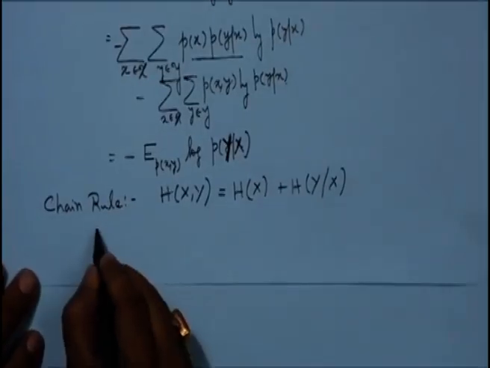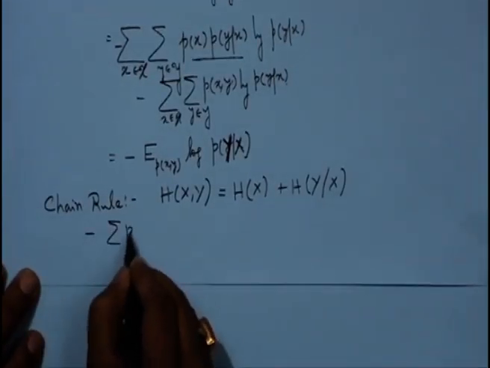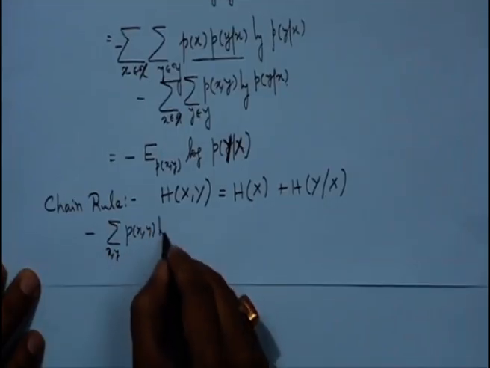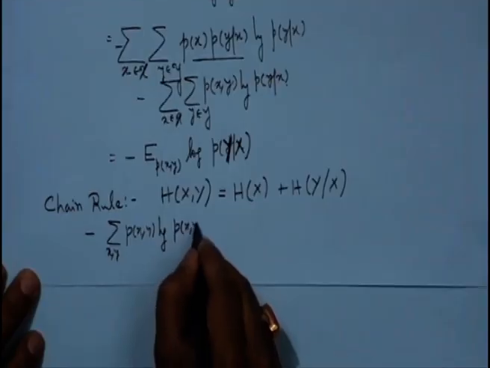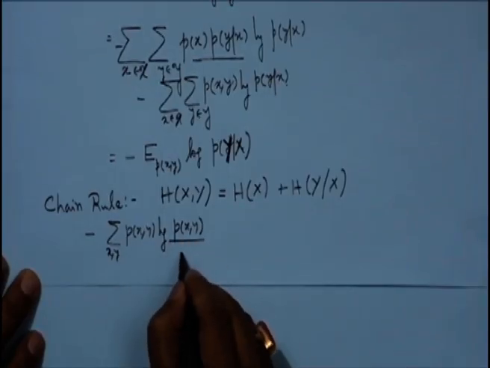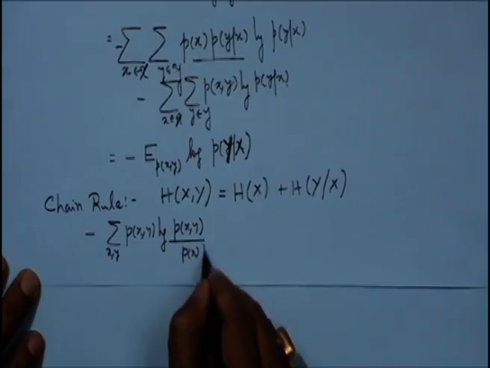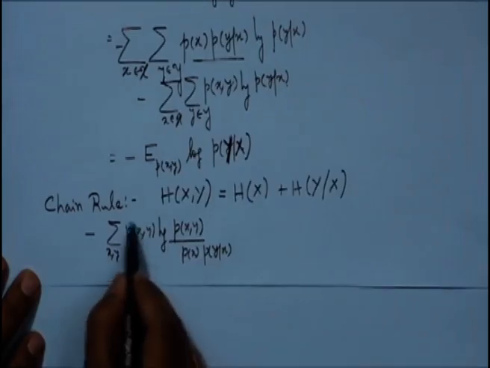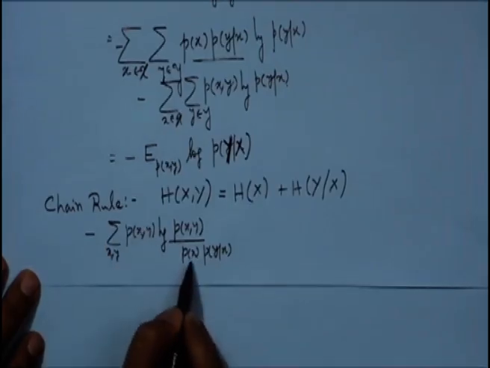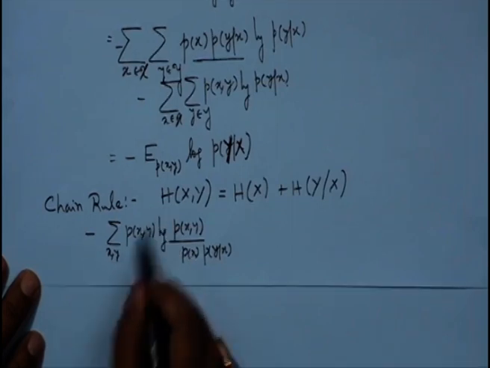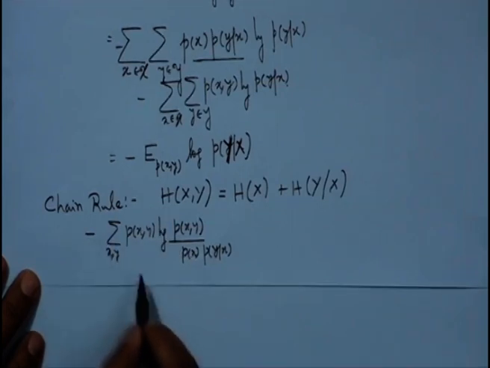Now this could be done if you would write the left hand side as minus the sum of p(x,y) over all x and y of log p(x,y). Now p(x,y) you could break into p(x) times p(y|x) by Bayes theorem. Now this is straightforward. You would have log p(x) plus log p(y|x), right. So when this is added over y, you are left with minus summation.